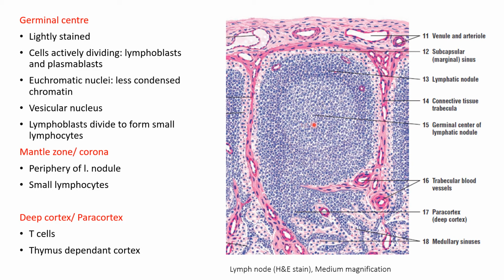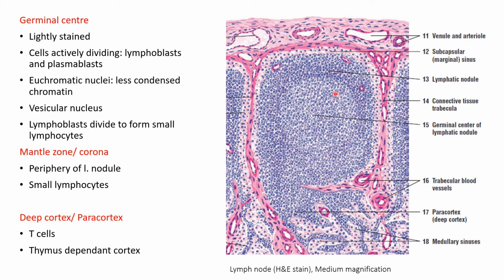So when the B cell has recognized an antigen, it starts to undergo a lot of proliferation, and several actively dividing lymphoblasts and plasmablasts are seen in the central portion. These cells have a lighter staining euchromatic nucleus because the chromatin is less condensed. These are large rounded cells with a broad band of cytoplasm and a large vesicular nucleus with one or more prominent nucleoli.